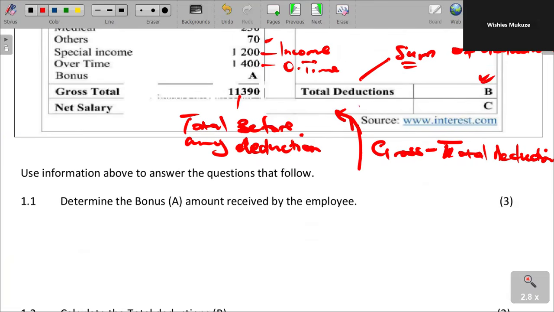The first question says determine the bonus amount received by the employee. Determine the bonus A that was received by the employee here. For us to calculate the bonus, how do we get it?